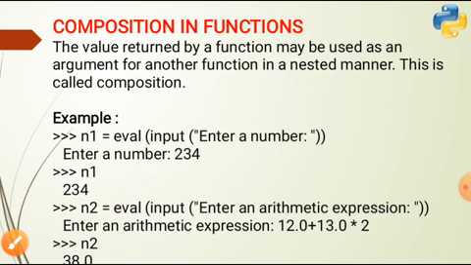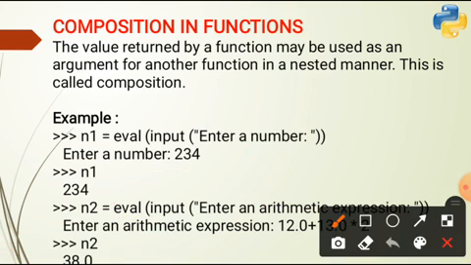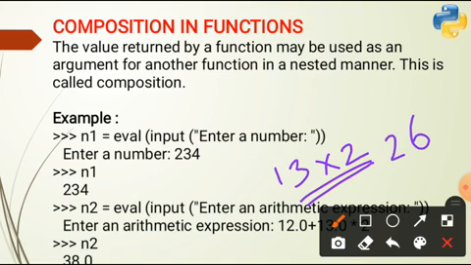But you already know the precedence of operators. What is meant by precedence? The priority given to the operators, which means multiplication gets the highest priority. So 13 into 2 is 26. It performs multiplication first, and then 26 plus 12 is 38.